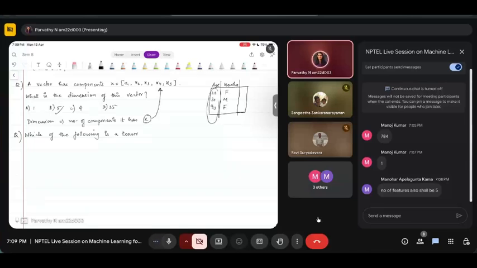This is a one-dimensional array, right? So this is a vector. This is another vector, which is another one-dimensional array. And it has how many components? It has 3 components. So the dimension of this vector is 3. Similarly, for this one, it is 3. It is what is asked here. It's not the number of features, it's just the values, the elements of a vector.